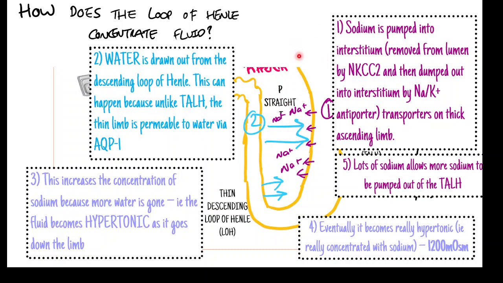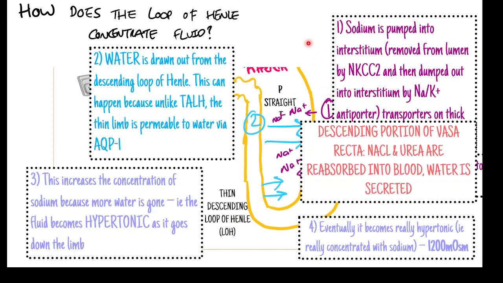The descending part flows this way next to the ascending bit, and the ascending part of the vasa recta flows next to the descending loop of Henle. The descending portion of the vasa recta is going into an area that is more and more concentrated. Right at the bottom here is very concentrated. So your blood here, which starts off at around 300, gets very concentrated at the bottom.